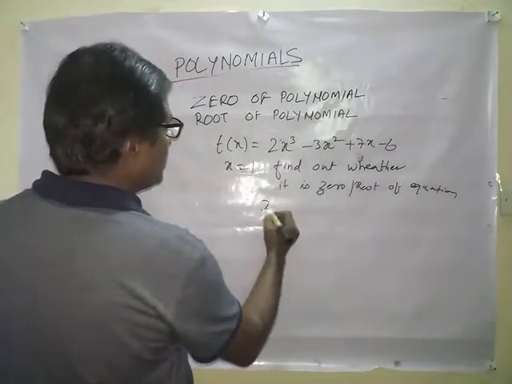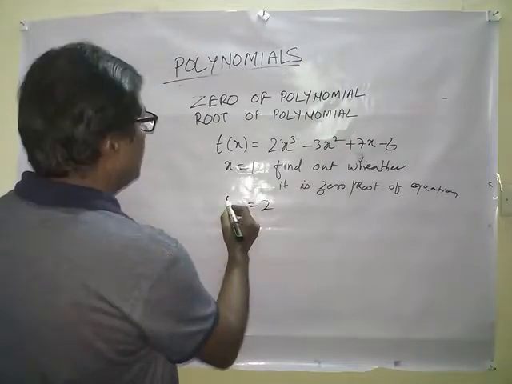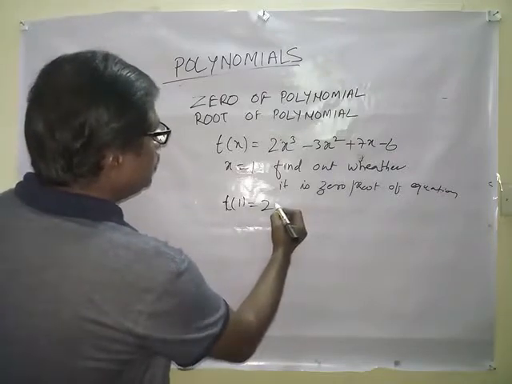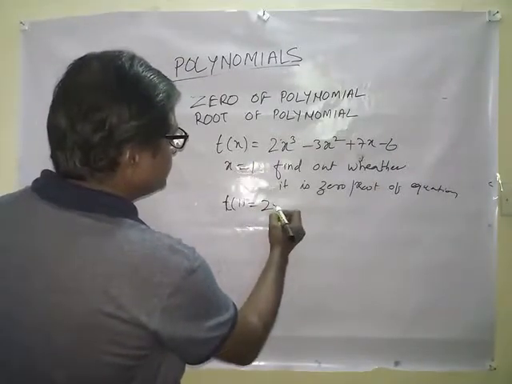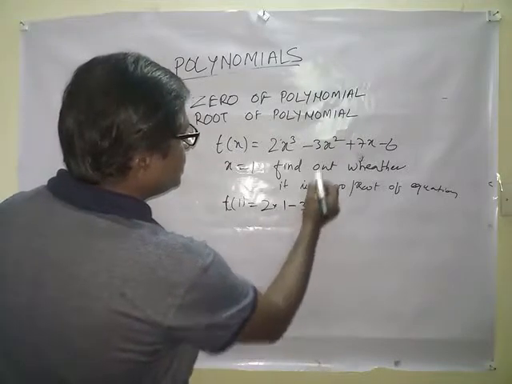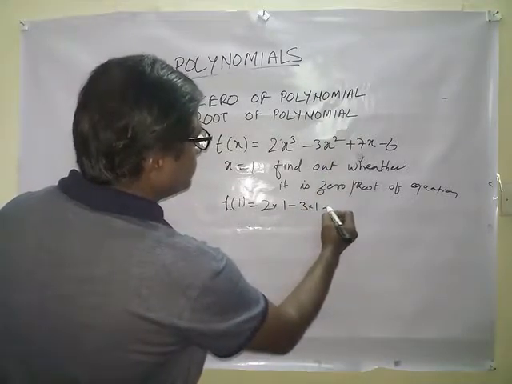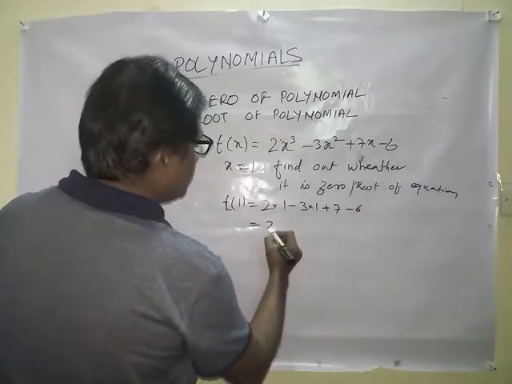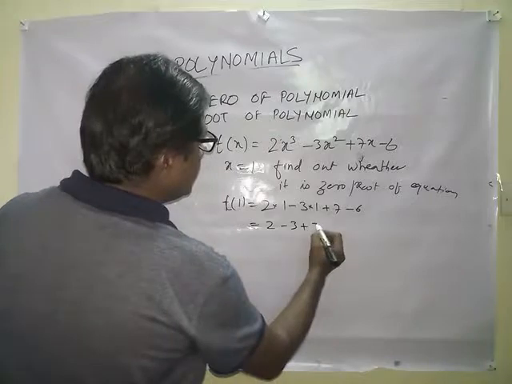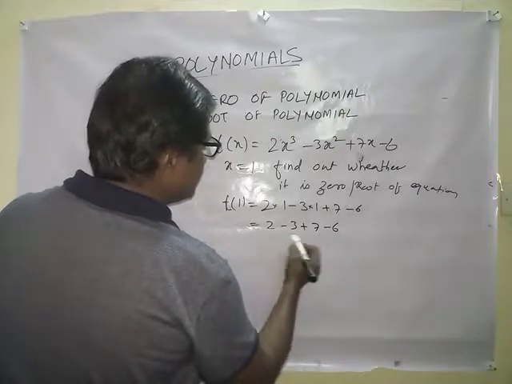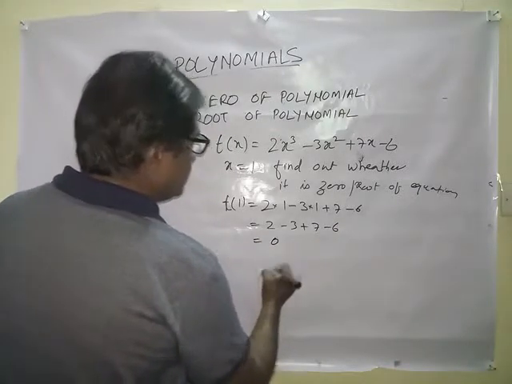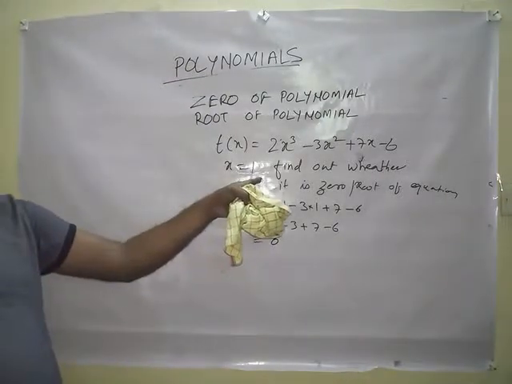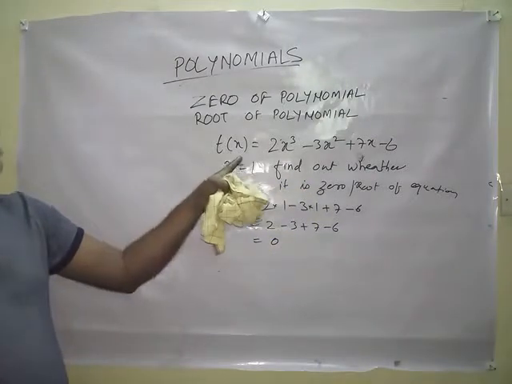Let us see. 2 t(1): 1 cube is 1, minus 3x square, 1, plus 7 into 1, 7, minus 6, so equal to 2 minus 3 plus 7 minus 6, so that is becoming 0. So yes, x is equal to 1 is a zero or root of this polynomial equation.